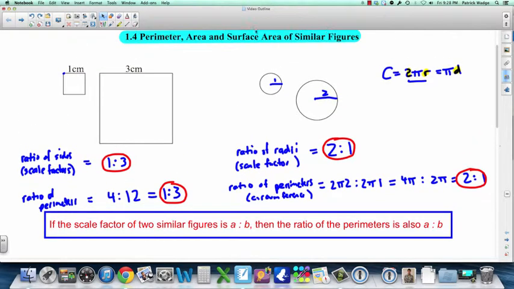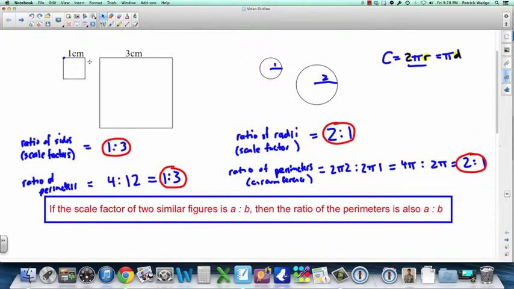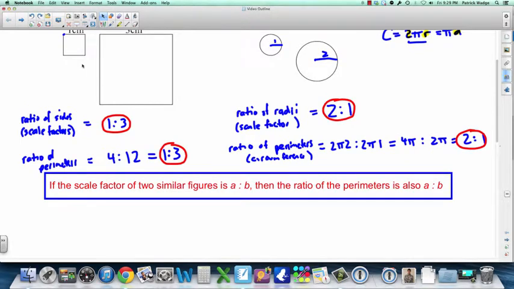Now we're going to look at area. So we're going to get the area of this first square here. Again, the ratio of the sides, or the scale factor, is 1 to 3. If I look at the ratio of areas of these squares, remember, area equals length times width.